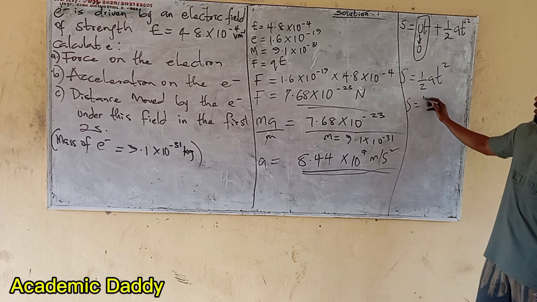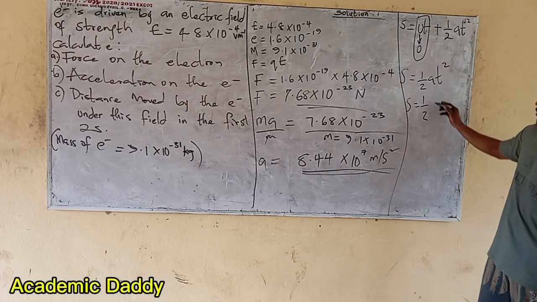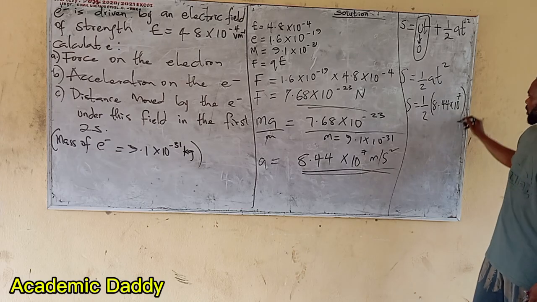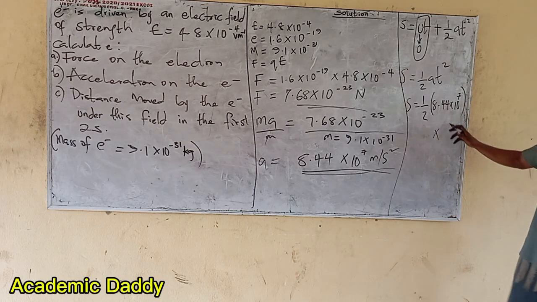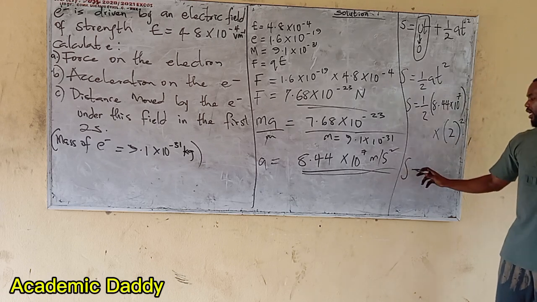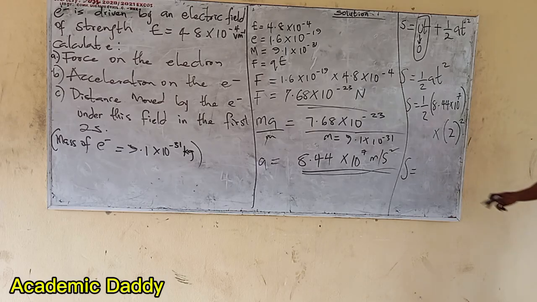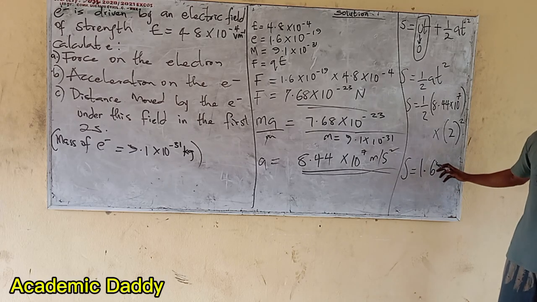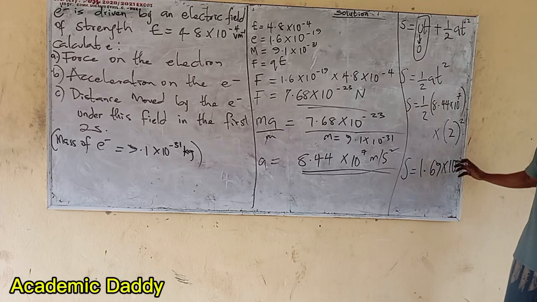S is going to be half, my acceleration is 8.44 times 10 raised to the power 7, then times my time, which is 2 seconds, raised to the power 2. And S is 1.69 times 10 raised to the power 8.